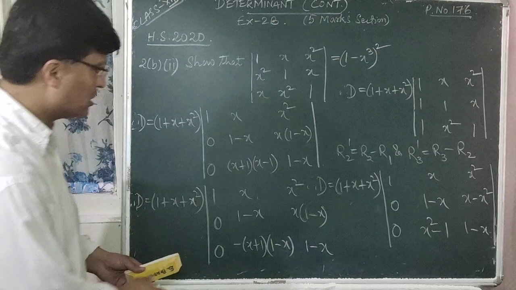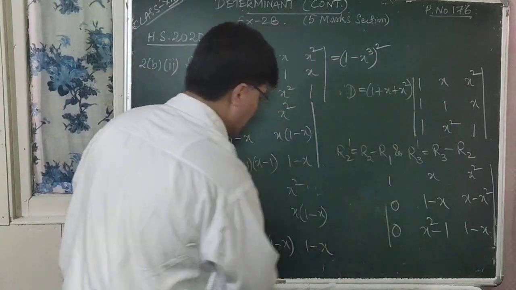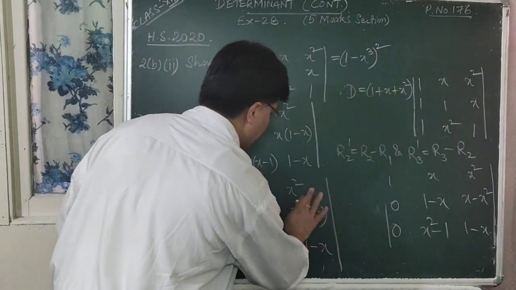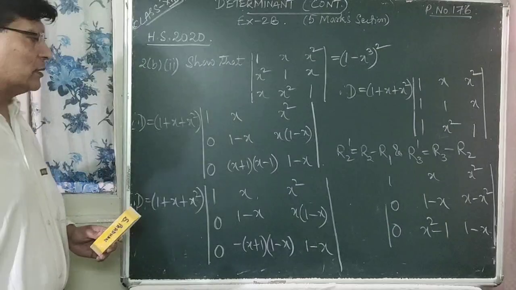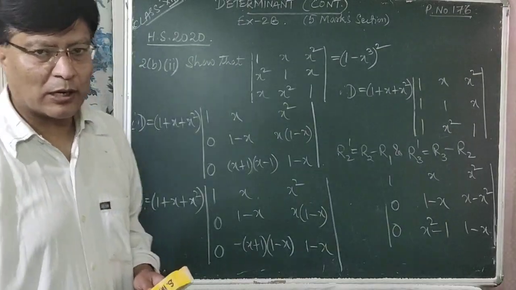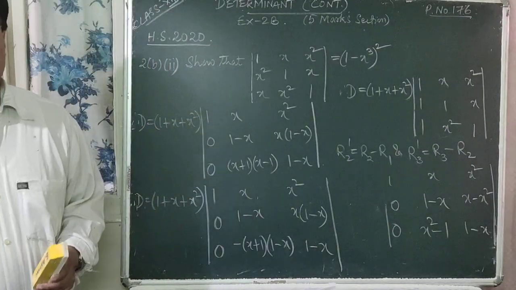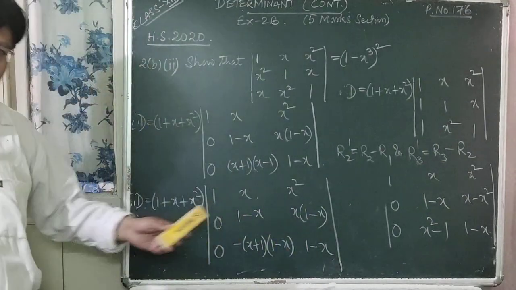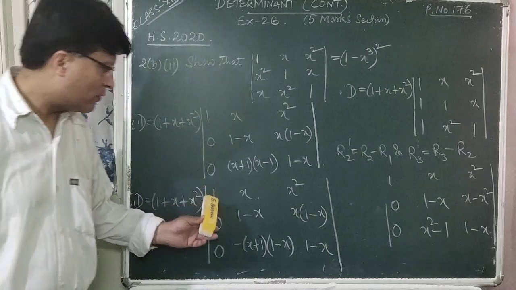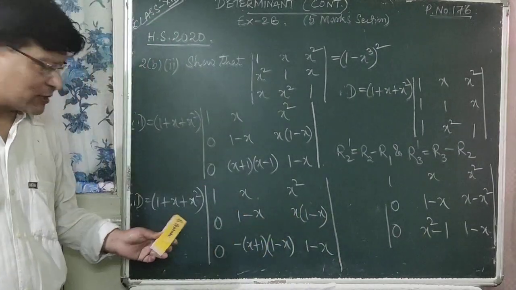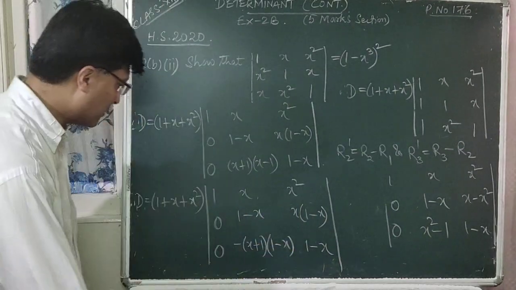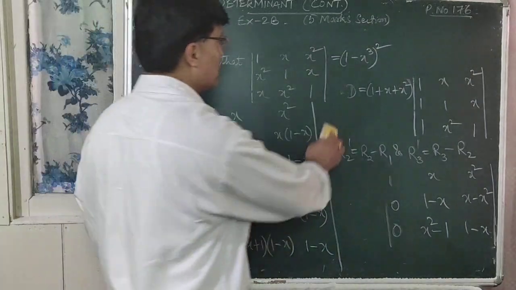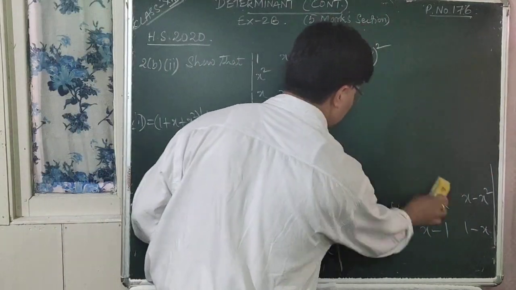Right? So this is the third column. Is that clear? So now what will you do next? Now you can take common from the second row and the third row. What is that common? From the second row 1 minus x, from the third row also 1 minus x. Okay, so let us take common now.